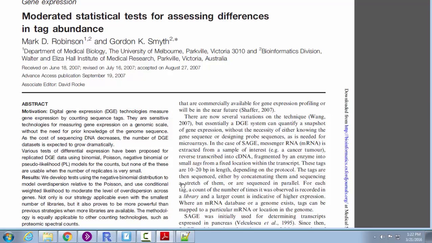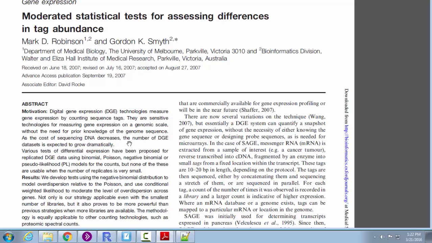So this whole paper, and then another paper by Anders and Huber, which is also on eCampus, talk about the same problem, which is how do you do testing? T-tests don't work with these data because of this count issue.